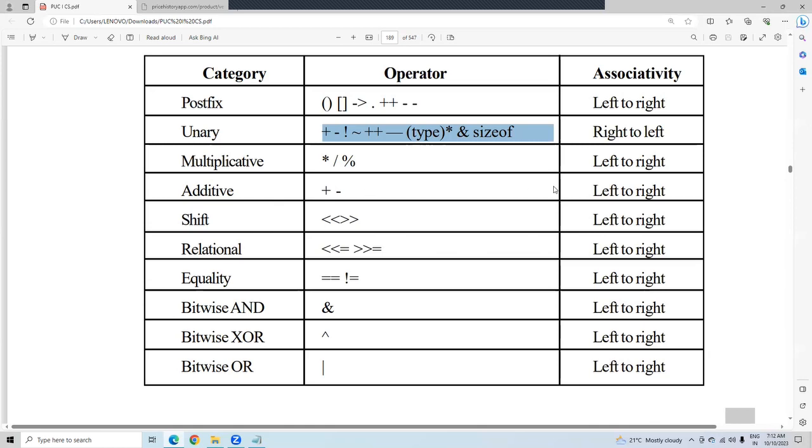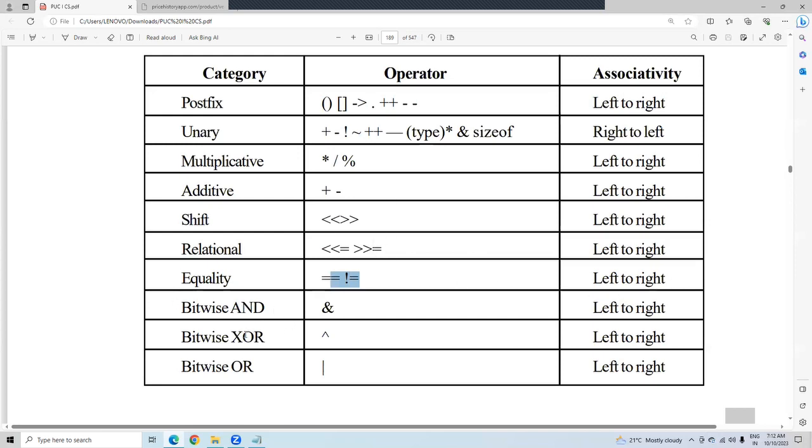Additive, plus minus, left to right. Shifting, left to right. Relational operators, less than or equal to, greater than or equal to, left to right. Equality, is equal to and is not equal to, left to right.